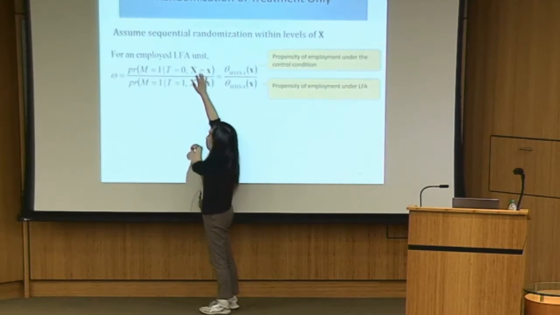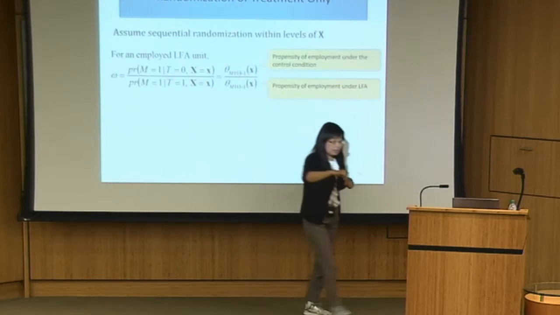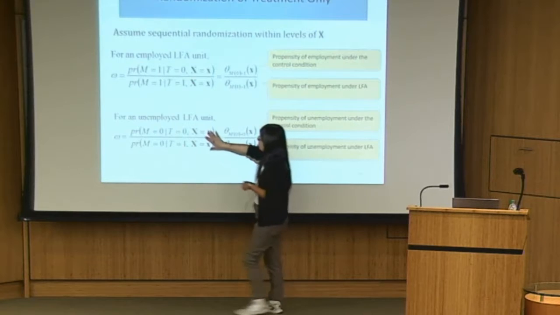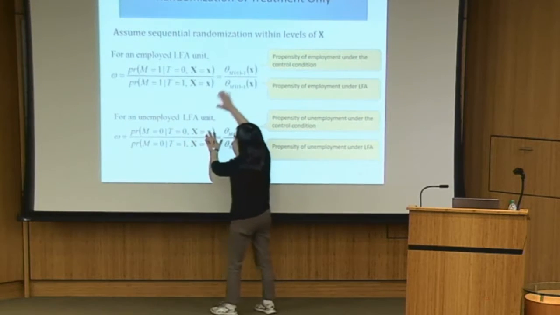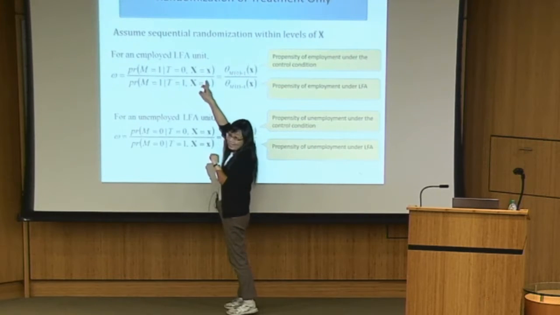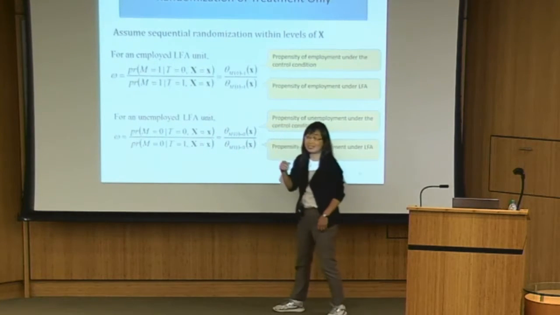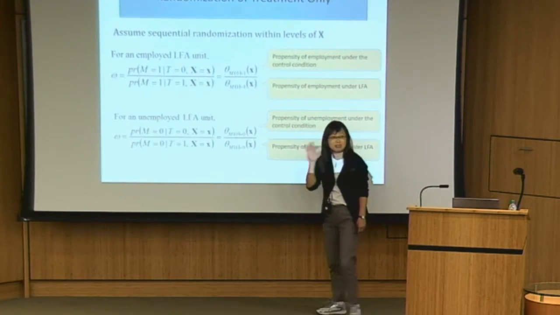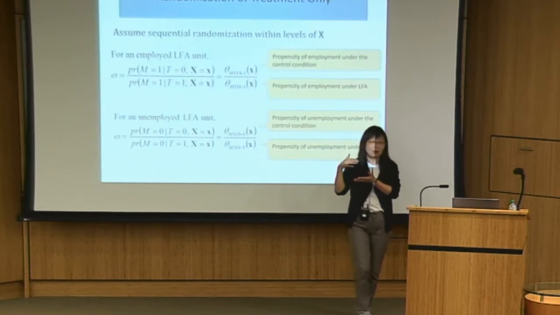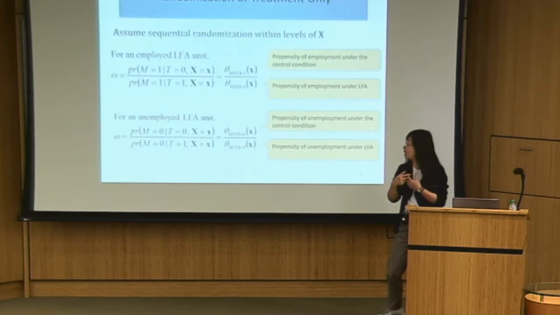We apply this weight to the employed people in the treated group, and then we apply this weight to the unemployed people in the treated group. The weight looks just like before, except now I'm conditioning on X. In other words, I'm doing the sequential randomization in subpopulations of people who share the same pre-treatment background.